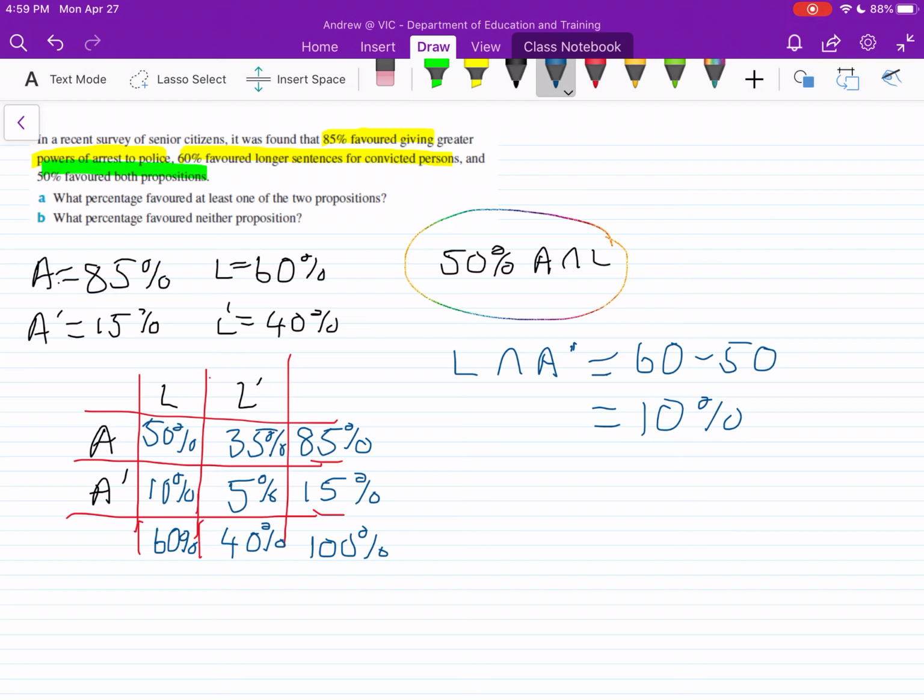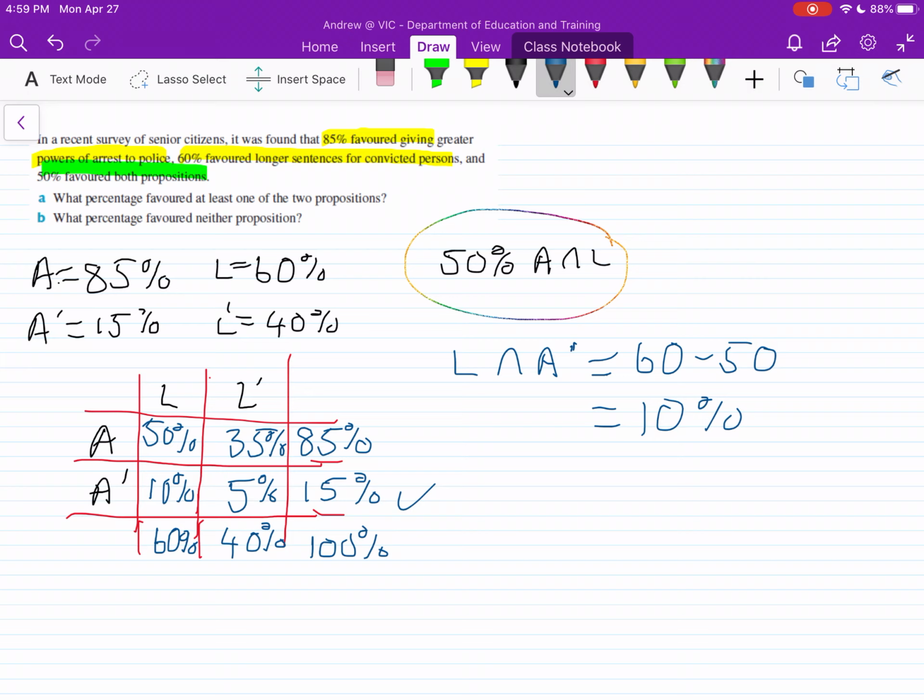Going down not L is 35 and 5, which adds to 40, which is good. Now across the A, 50 plus 35 is 85, still good. And not A, 10 and 5 equals 15. So this all checks out, and we've filled it in properly.